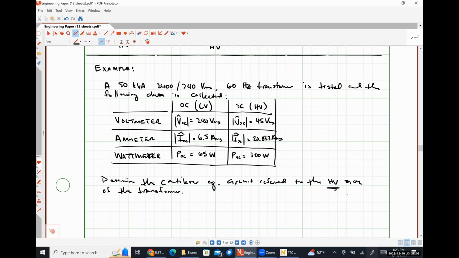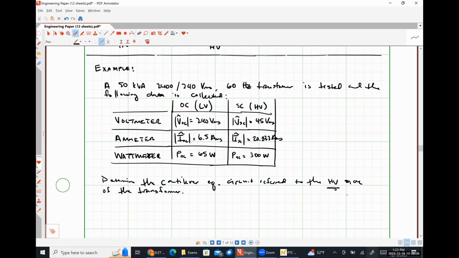And it just depends on which one we choose to be our primary and which one we choose to be our secondary. The math's going to work out the same way either way, but we won't know which ratio to use unless we establish, hey, this is what I'm considering to be my primary. The transformer doesn't care.